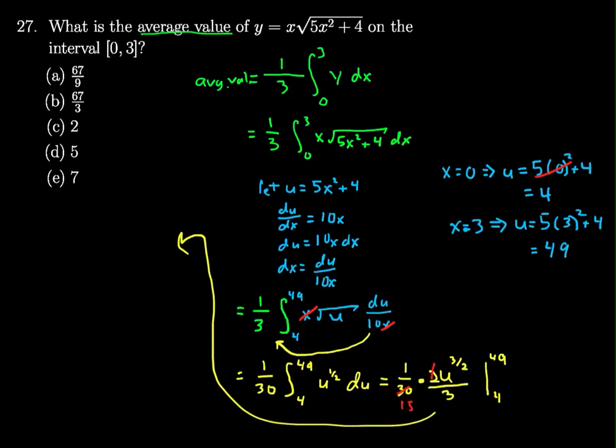Got some room. Okay, so I'll end up with 1/45 multiplied by, and I can do the u part separately. I can bring stuff out in constant multiples. So I'll have u to the 3/2 evaluated from 4 to 49.